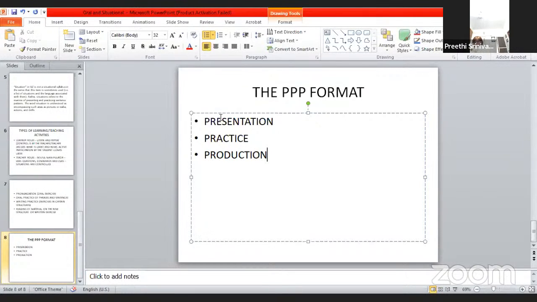This PPP is there in all the methods. So in presentation, you have a text or an audio or a visual used by the teacher to present the grammar in a controlled situation.